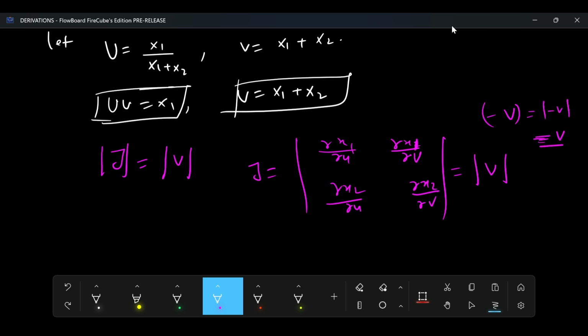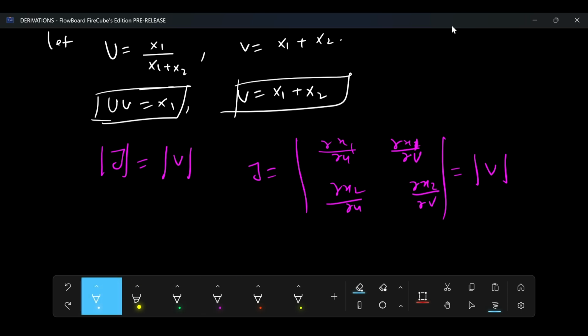Then you have to replace minus v with v by taking the mod. Right? Whenever you see mod of minus a, that will be equal to a. And in case of joint distribution, whenever you take Jacobian transformation, then you have to put the mod. If there is positive or negative values, then negative value will come as positive value. Clear?